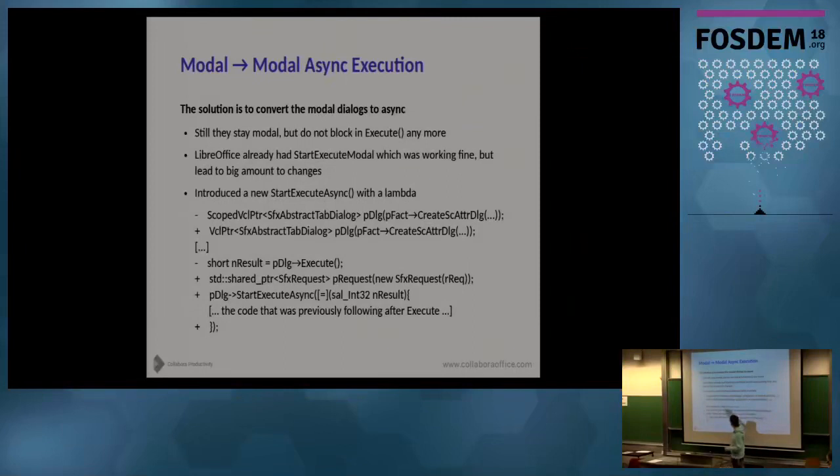And instead of executing, you move the code that happens after the execute, probably some code taking care of applying the changes, and wrap it in this lambda, get the result, and according to that do the changes. Of course, in some cases it's more complicated than this, but this is the basic structure.